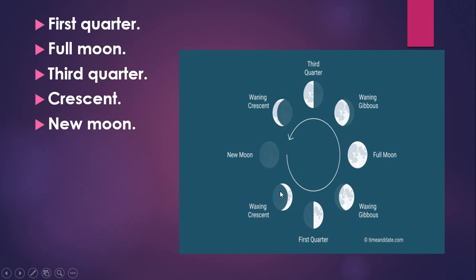The crescent moon appears two times. It happens just before and after the new moon. During the crescent, the edge of the light part can be seen, and this cycle repeats again and again.